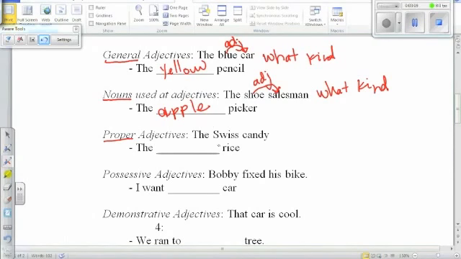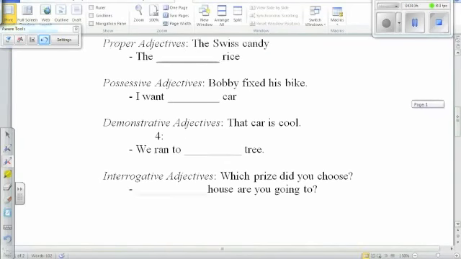So Swiss here is a name or a title, but it's also telling me what kind or which one of candy. So again, I'll write what kind of candy. So I drew the arrow and then I write ADJ above it. There's also many kinds of rice. We might say the Mexican rice, the Chinese rice. There's all kinds of proper nouns that could describe rice.